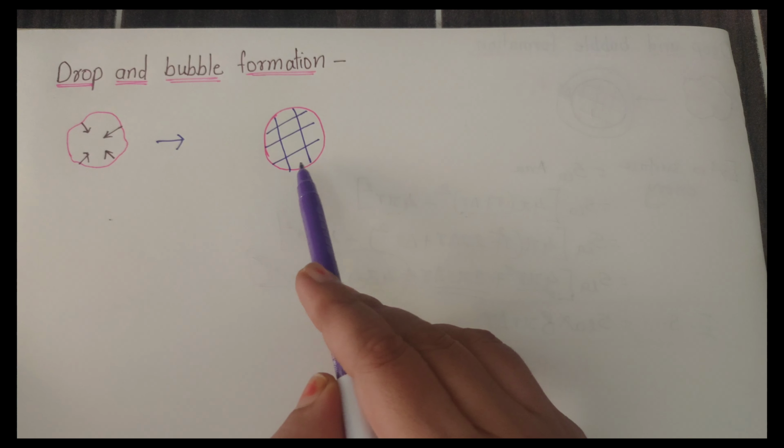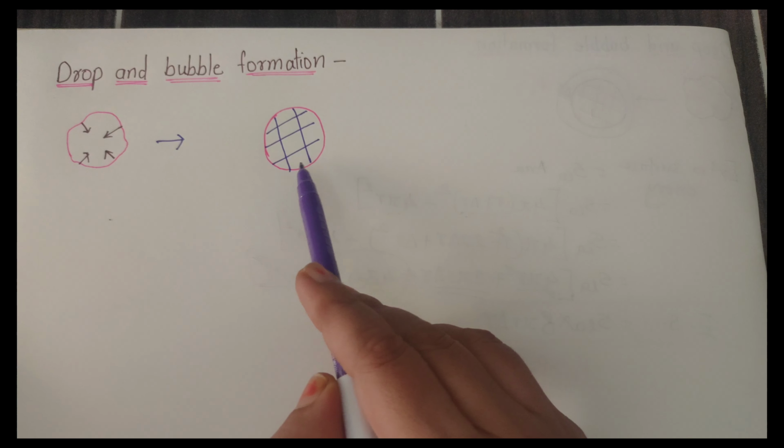As the radius of the drop is increased, we can write the increase in the area of the spherical drop, that is S_LA into [4 pi (r plus del r) square minus 4 pi r square]. As this drop is spherical in shape, we are using the formula of the area of the sphere.